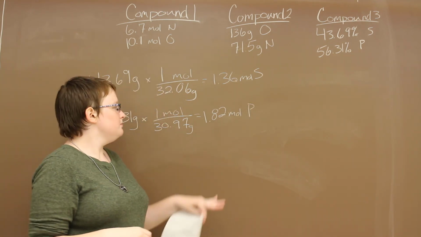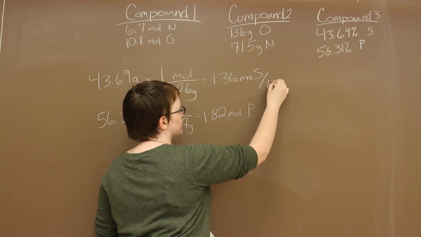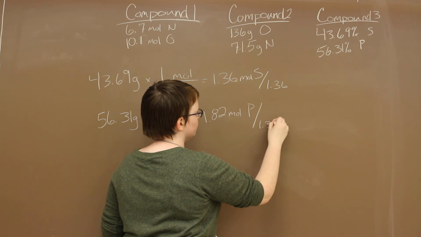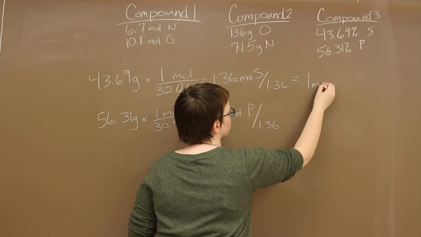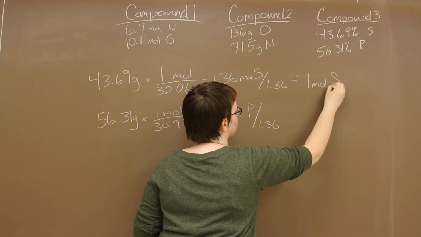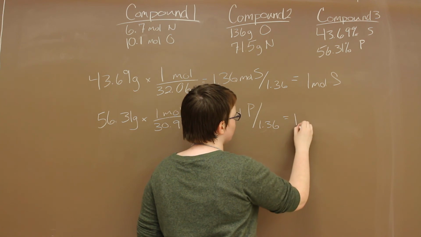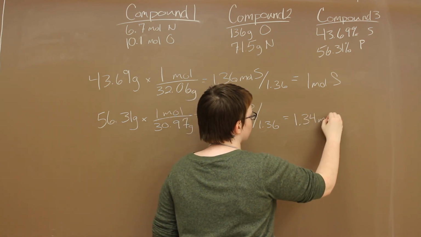Again, we're going to divide both these numbers by the smallest one, which will be 1.36, and we'll get 1 mole of sulfur and 1.34 moles of phosphorus.